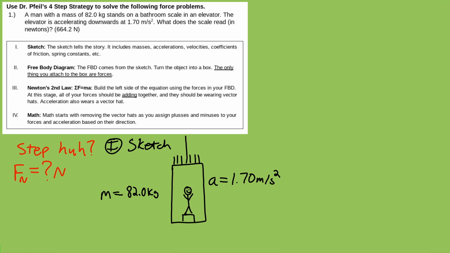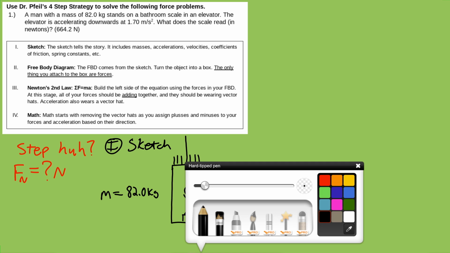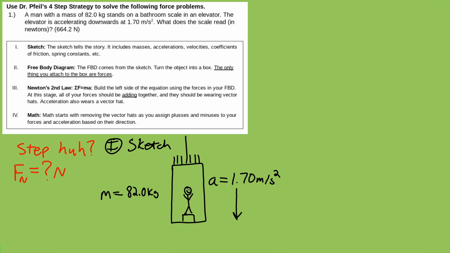Now he's accelerating downwards, so it might be tempting to write in negative 1.70 meters per second squared, but I'm not going to do that. I'm just going to write it like that, and I'm going to draw a little arrow to remind me that he's actually accelerating downwards. So that's how we do step 1.